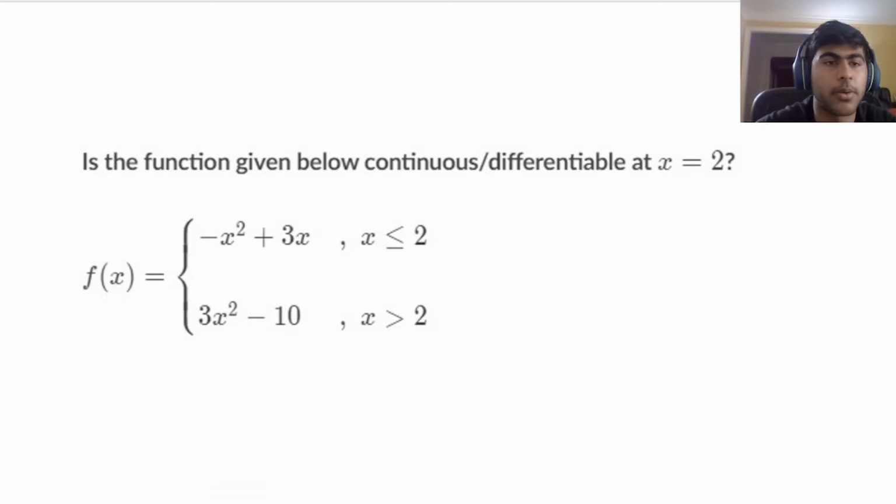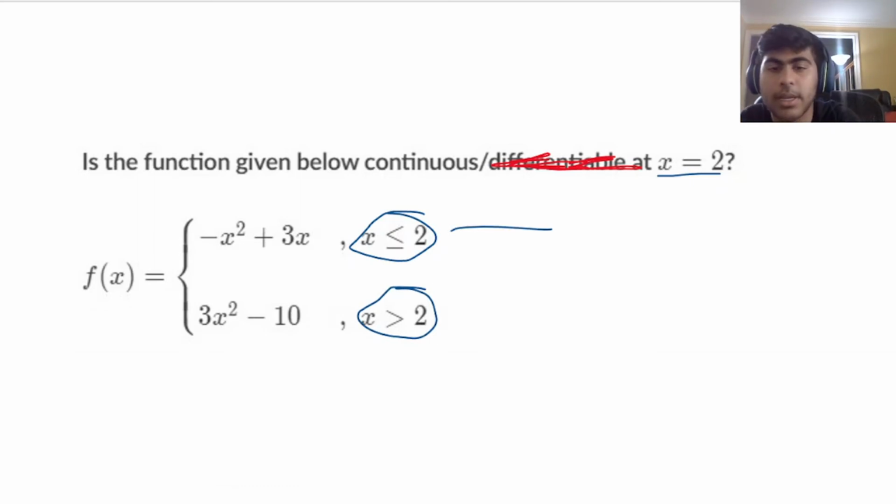All right, another question. Again, this differentiable part here doesn't exist. All right. So we're asked if the function below is continuous / differentiable at x equals 2. So what we can do here, we just plug in the x equals 2 value for both of these two.